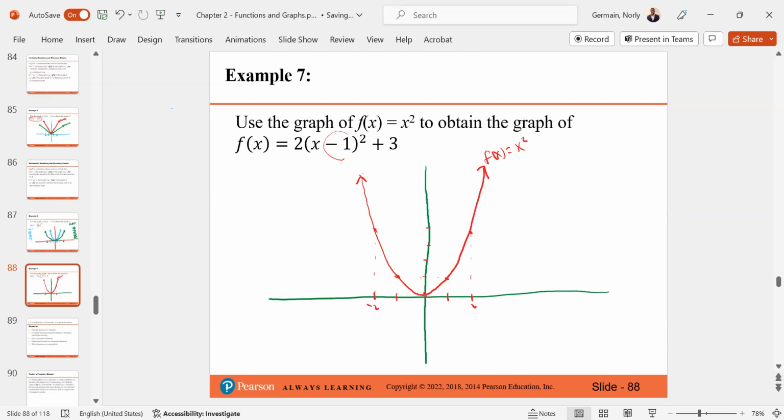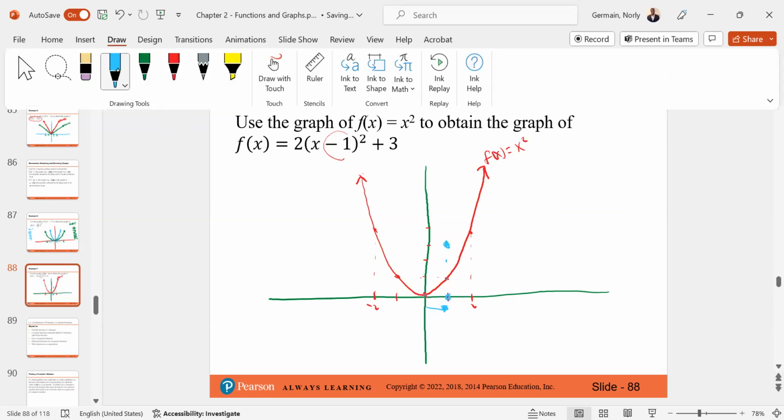Instead of the vertex being at the origin, it shifts to 1. It also says +3, so I need to go 3 units up: 1, 2, and 3. This is where my vertex is located.